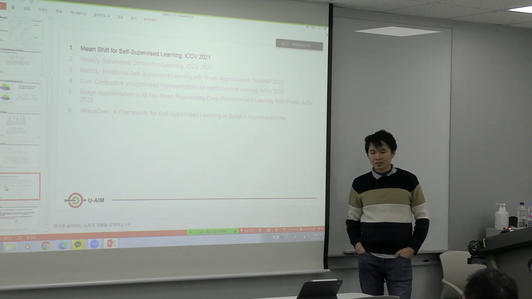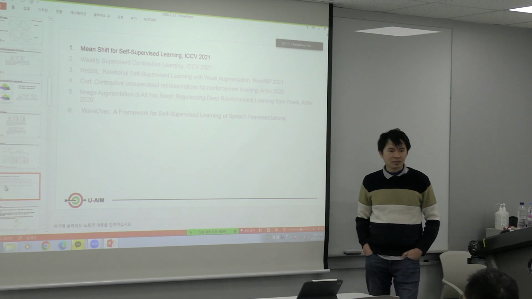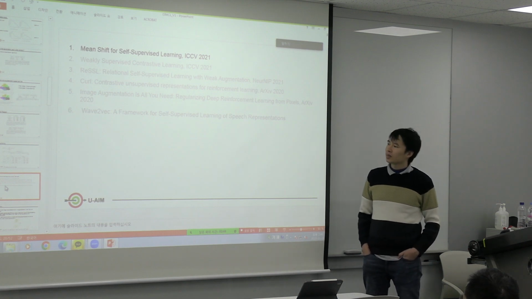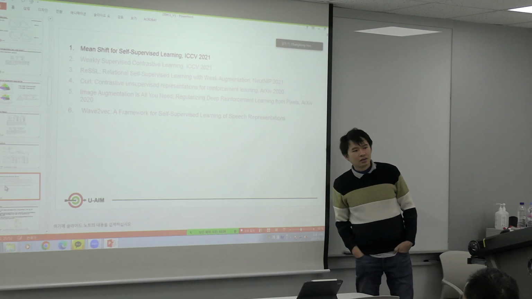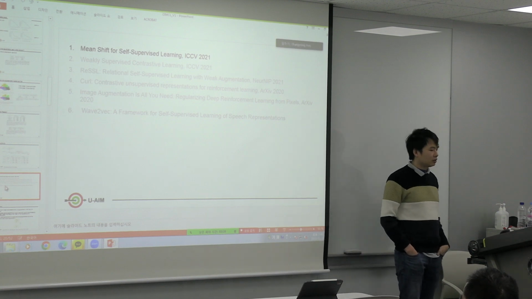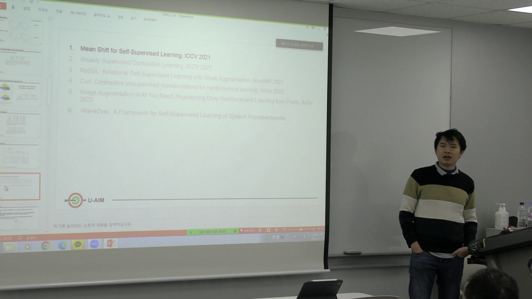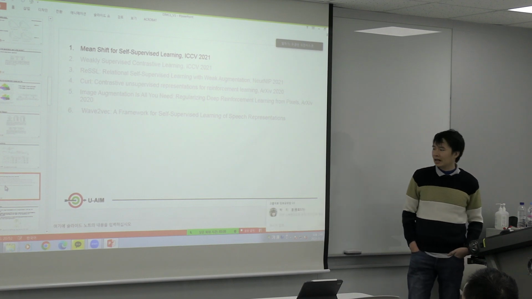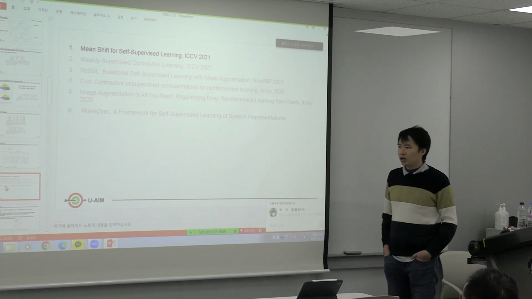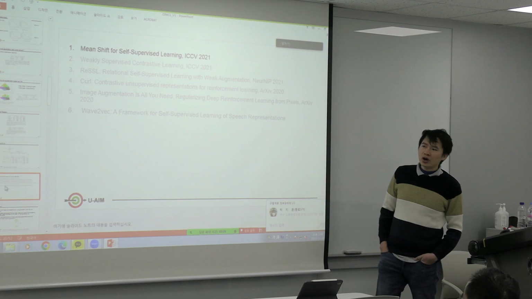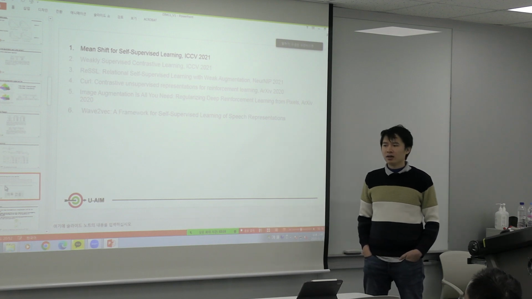Okay, so there are three things that people have to realize. So what is self-supervised learning? Can you say it in a very compact way? Self-supervised learning means that we don't need labels for learning.